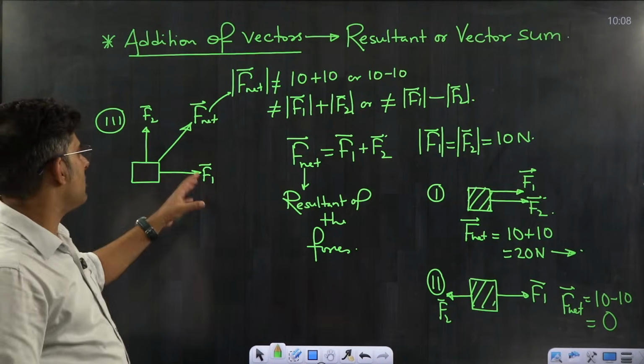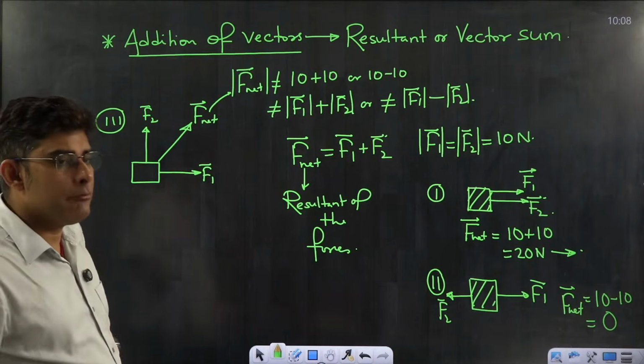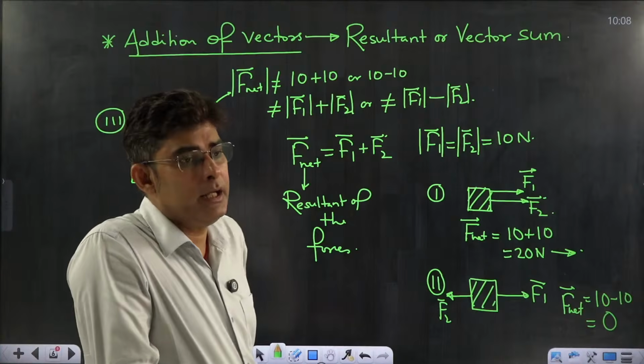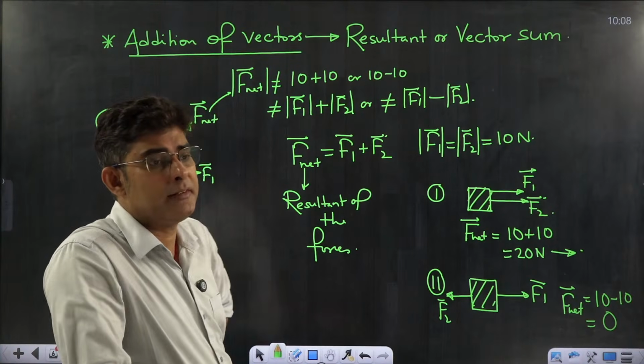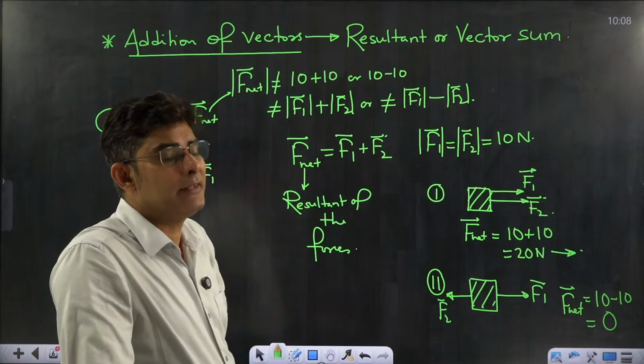That means there should be some other value of the resultant force. So whenever we have vector quantities, if the direction between two vectors is not specified, we cannot tell exactly what the resultant will be.